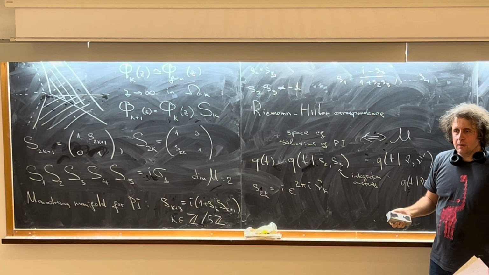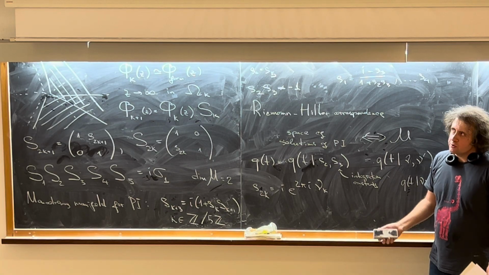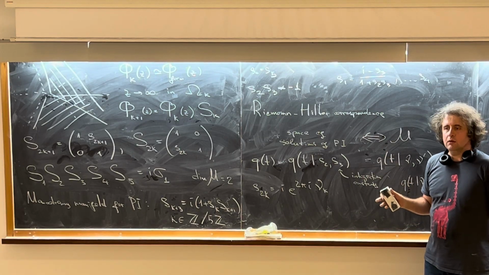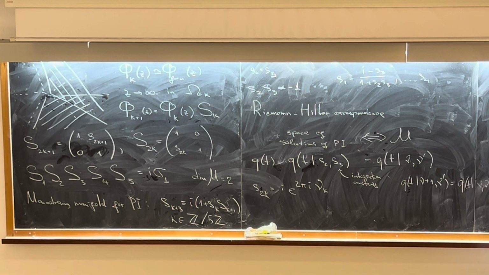You can consider this as a map for fixed T. So if you know T and you know monodromy, in principle, this Riemann-Hilbert correspondence or inverse Riemann-Hilbert correspondence allows you to reconstruct the linear system having that monodromy.